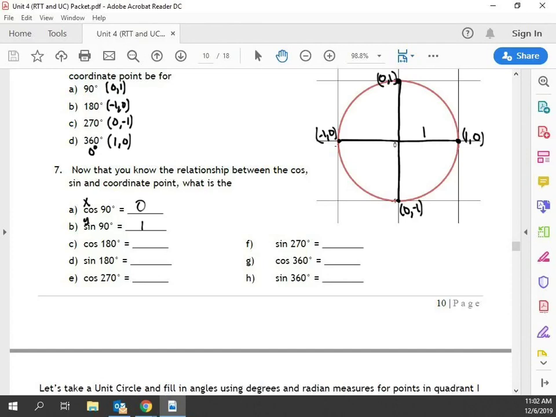What is the x-coordinate of 180 degrees? -1. What is the y-coordinate of 180 degrees? 0. X-coordinate for 270. 0.